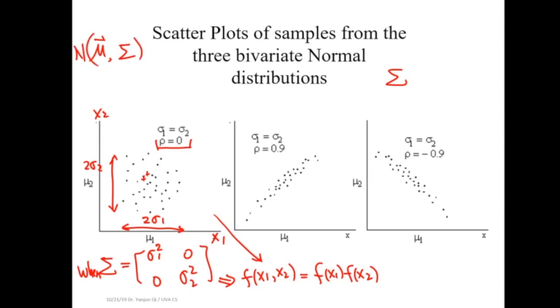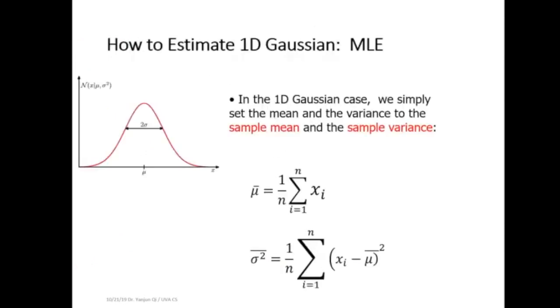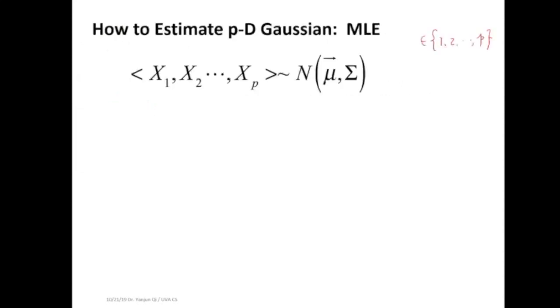But assuming you actually do not know, this is the data that's given, this is everything you're given, you need to estimate sigma 1, sigma 2, rho, and mu from the data to recover the PDF. This is what I meant by maximum likelihood estimation. We can just use the sample mean and sample variance, and you can prove they are the good MLE solutions.